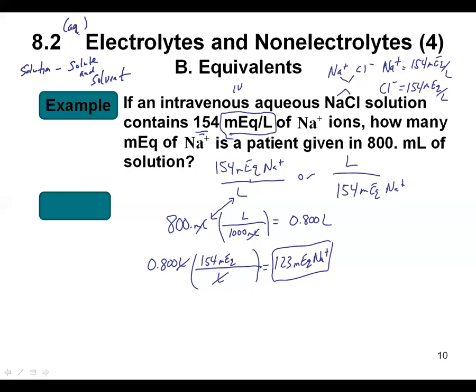The name of the solution is usually the solute as well. So if you had a sodium nitrate solution, the sodium nitrate would be the solute, and most likely water, because it's ionic, would be the solvent.